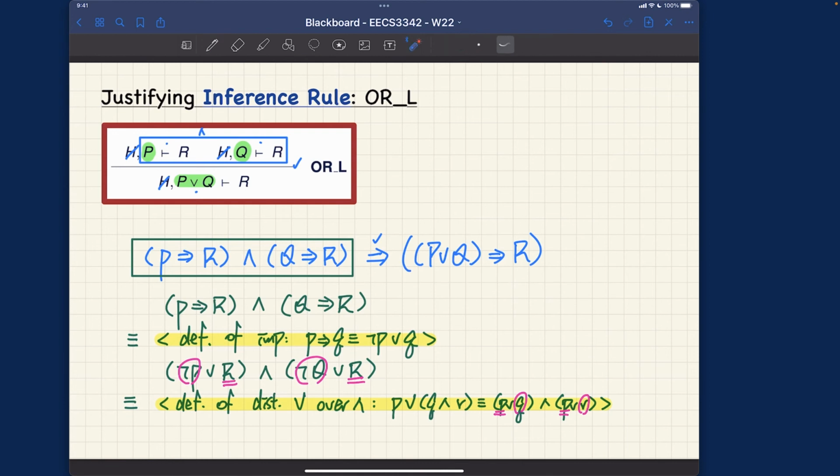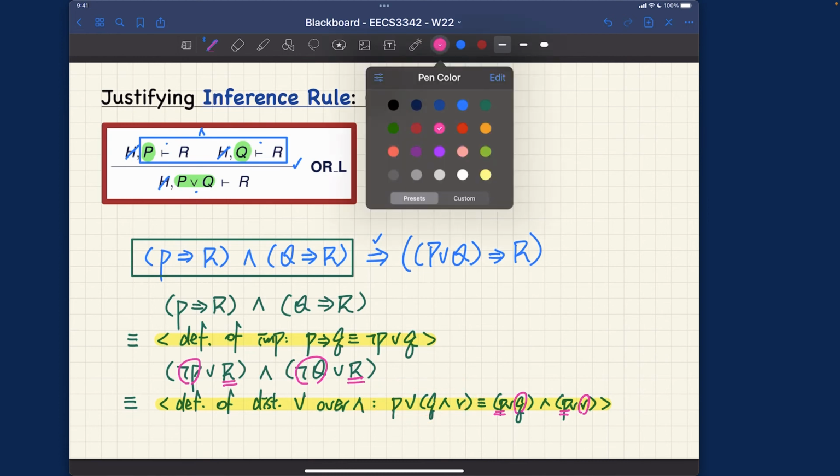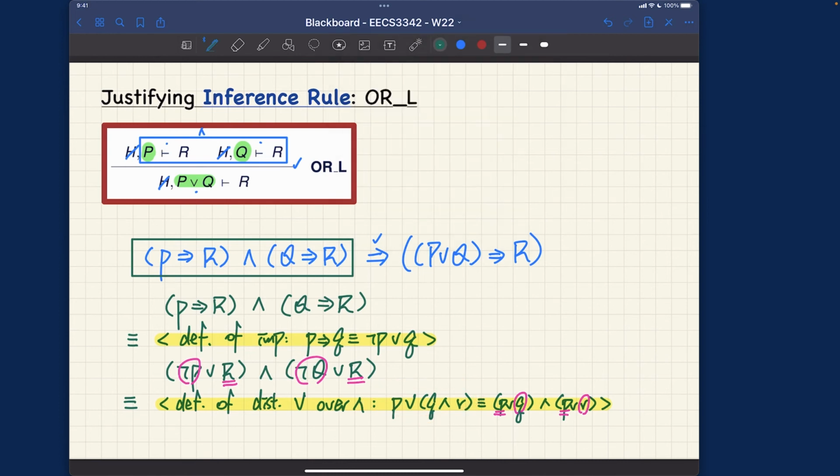That should be equivalent to this, which would be over here. Let me write it down. So that would basically be P, which would be the R, or and Q and R, which would be not P and not Q. All right, something like that.